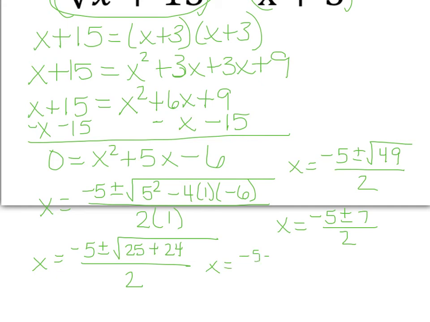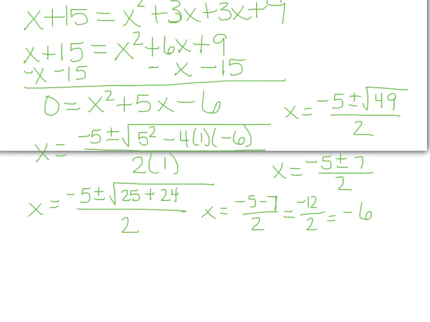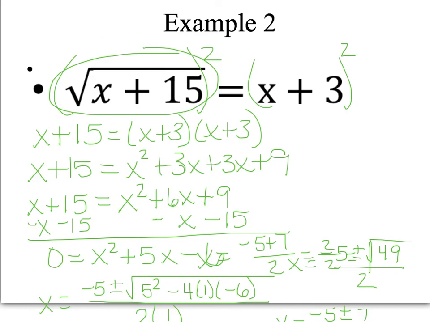Negative 5 minus 7 over 2 is negative 12 over 2, so negative 6. Negative 5 plus 7 over 2 is 2 over 2, or 1. So my two possible answers are negative 6 and positive 1.